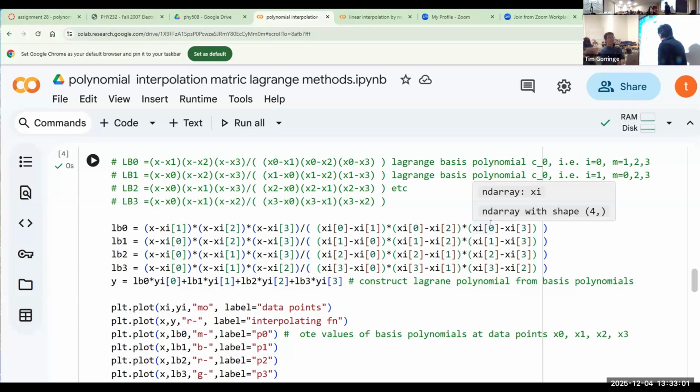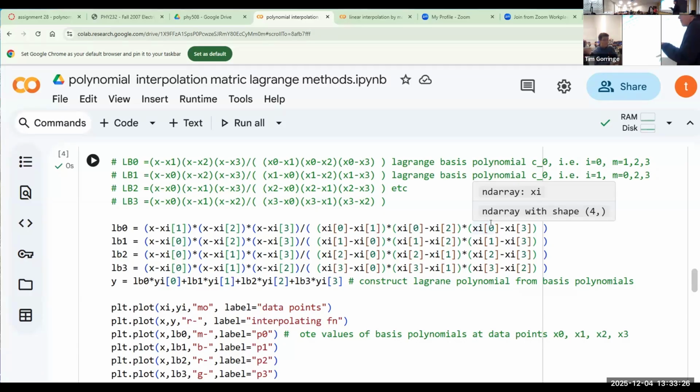But anyway, you see here, when you had two data points, that formula for the Lagrange basis function just has basically one term. And when you've got three data points, you've got two terms multiplying each other. Now we've got three terms multiplying each other, three terms in the numerator and three terms in the denominator.